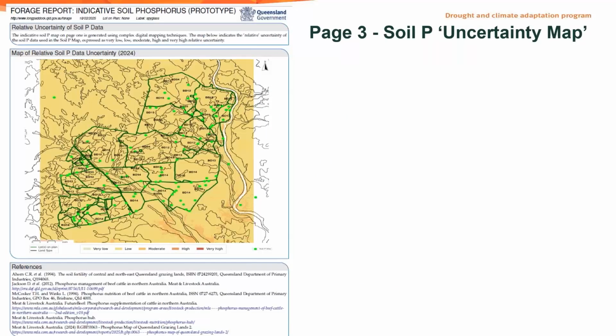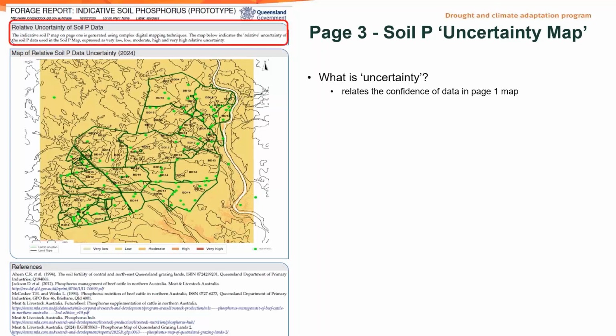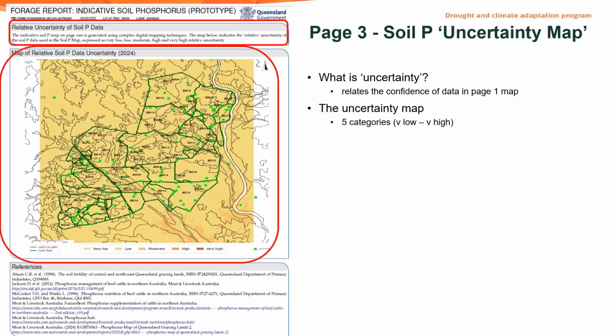Now, Stephen touched on the uncertainty map, so a little bit of focus here. Here's Spyglass, and the title there relates the uncertainty, which relates the confidence of the data of map 1. So there's 5 categories as opposed to the 3 categories that were in the previous version, very low to very high.